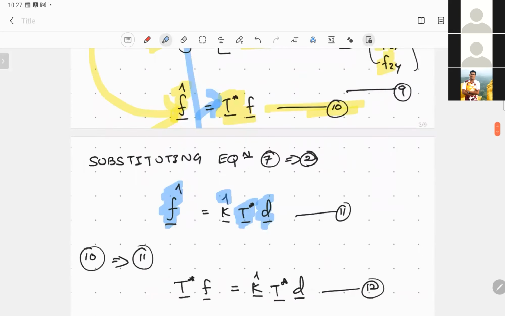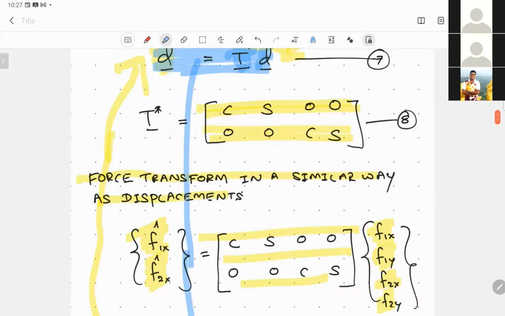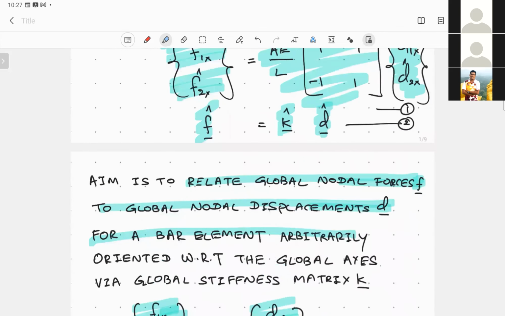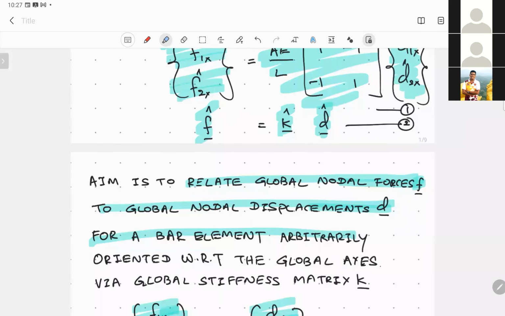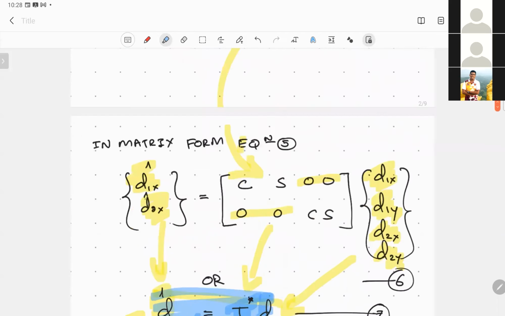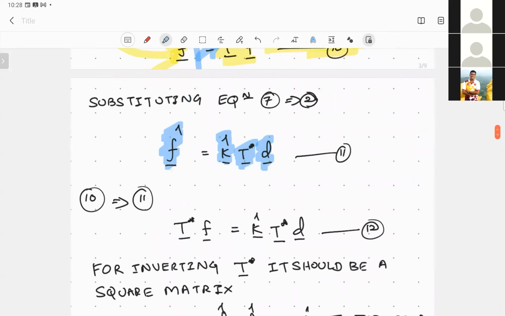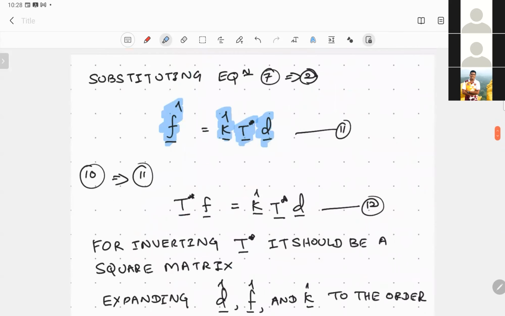Of course, I have used equation number 2, and I have used equation 7 to take away the d hat sign. So d hat is equal to t transformed d.